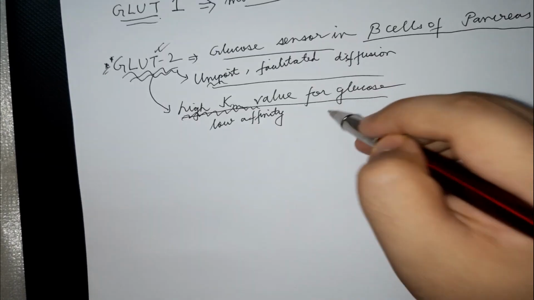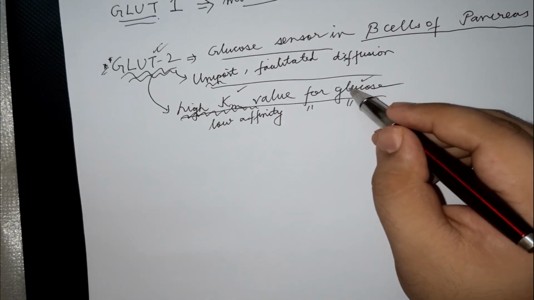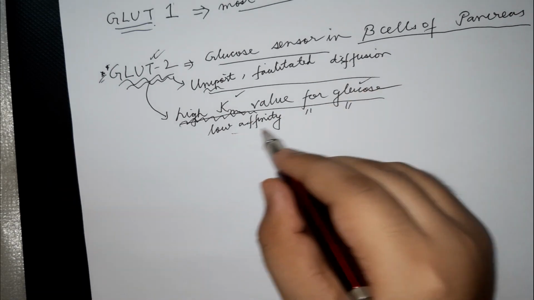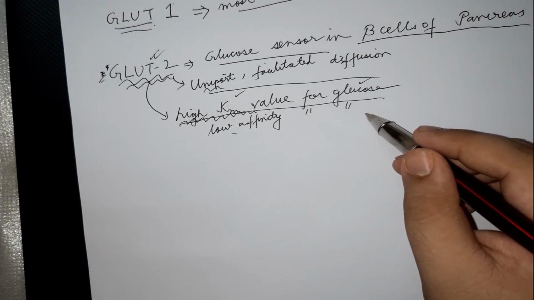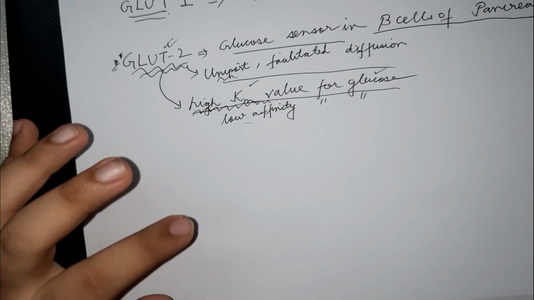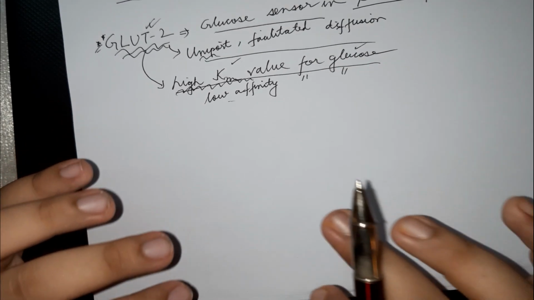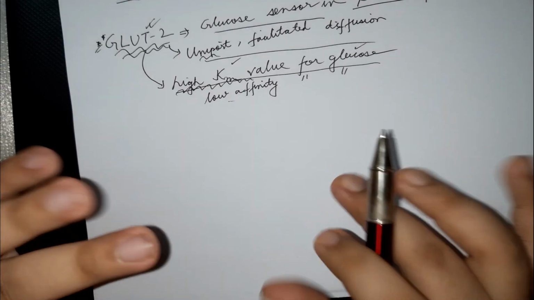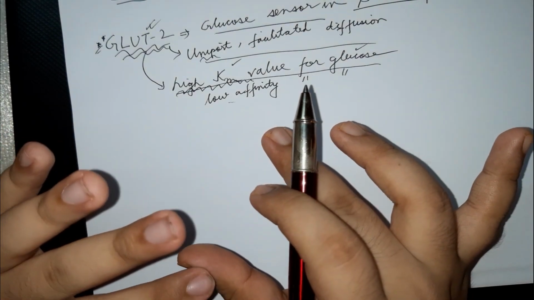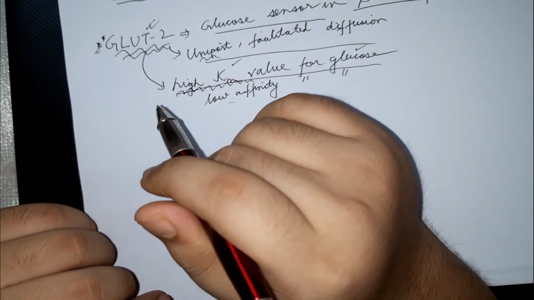A high Km value for glucose means a lower affinity for glucose, right? So since GLUT2 does not have that much affinity for glucose, it's not used as an extensive transporter. It is used as a transporter, obviously, but not as extensively as GLUT1 was used.